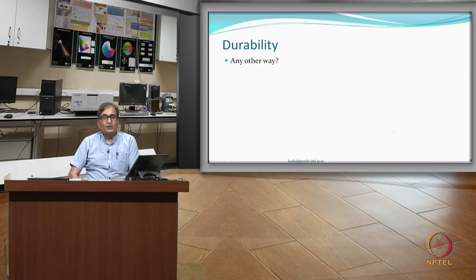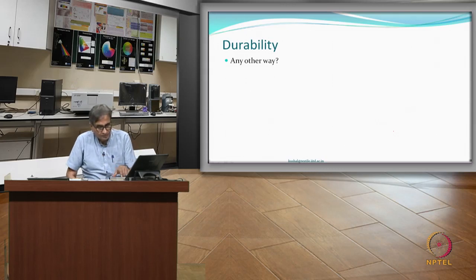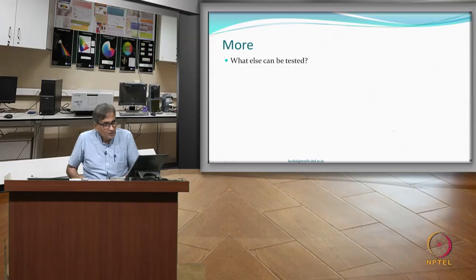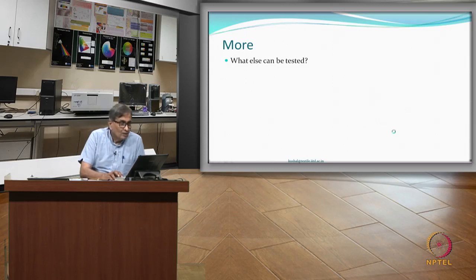If the fishy odor keeps coming, that means some of the crosslinks are also being broken, and because they are being broken, the performance can obviously go down. What else can be tested? Crease recovery of course is the most important one, no doubt about it. But let us see what else can be tested.